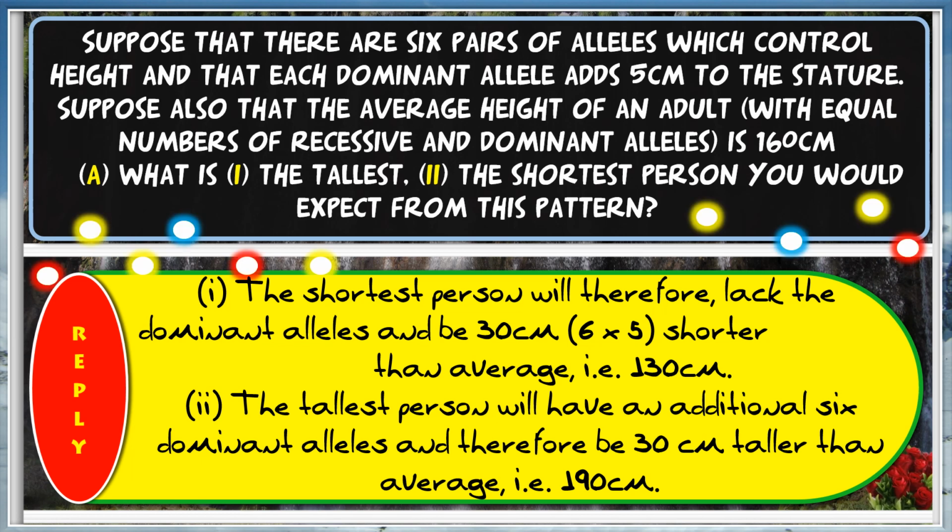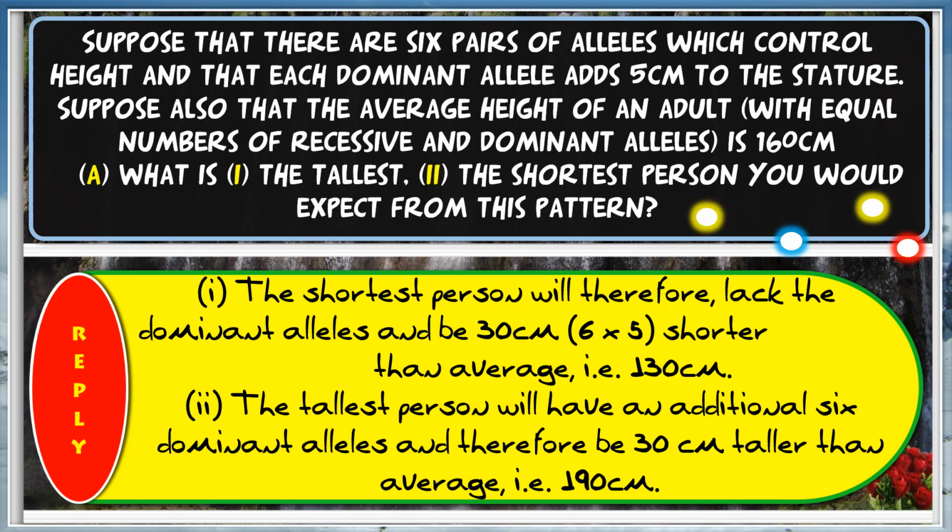Part 1. The shortest person will therefore lack the dominant alleles and be 30 centimeters, that is 6 times 5, shorter than the average, which is 130 centimeters.